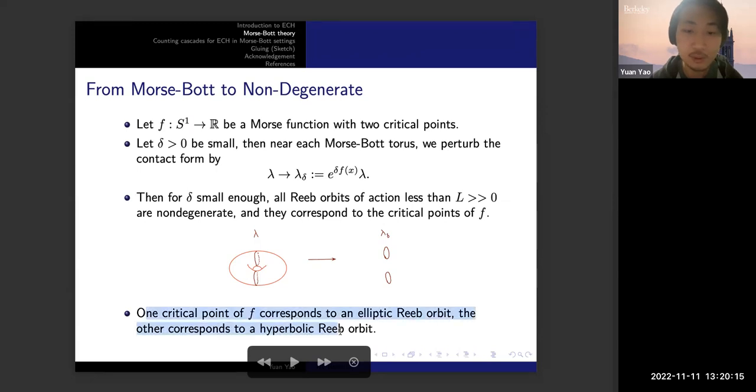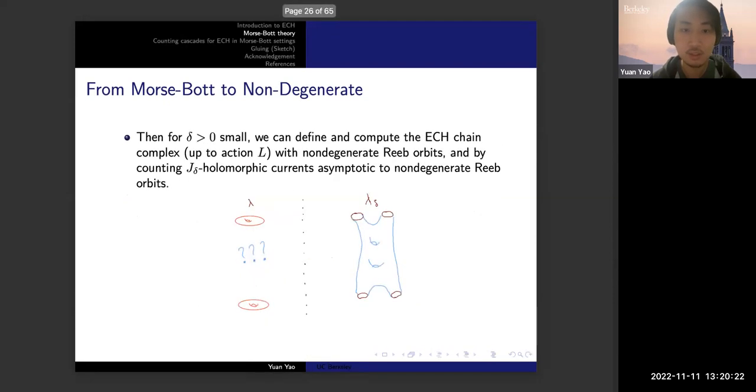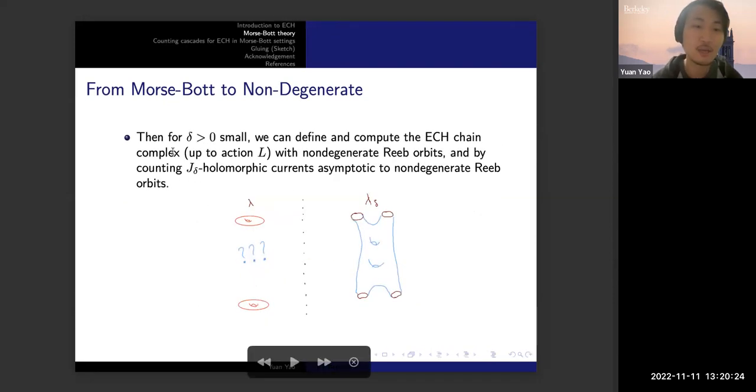One of the critical points corresponds to an elliptic Reeb orbit, and the other corresponds to a hyperbolic Reeb orbit. Okay, so if you have a Morse-Bott contact form, for delta small, you can compute the ECH chain complex with non-degenerate orbits by perturbing to over here.